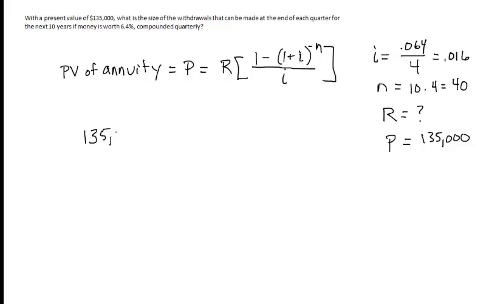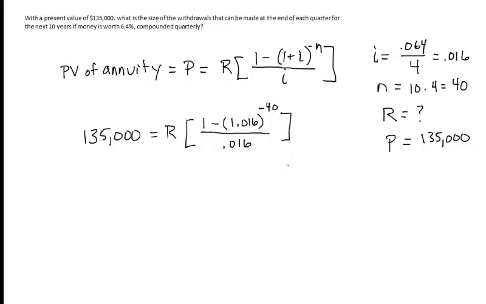So now let's write everything in there and solve for R. So we have 135,000 is equal to R times 1 minus 1.016 raised to the negative 40, divided by 0.016.